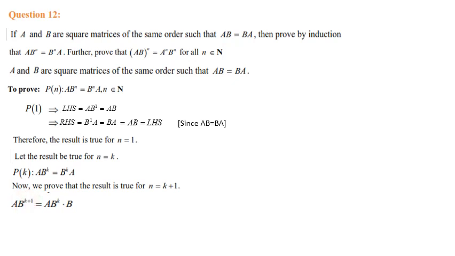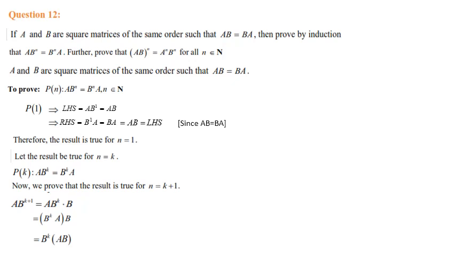Then AB power k we have already assumed here, that value you have to take, that is B power k into A into B. So this A into B power k is B power k into A, by our P of k value we have to substitute into B.